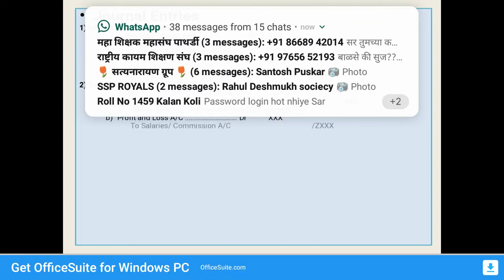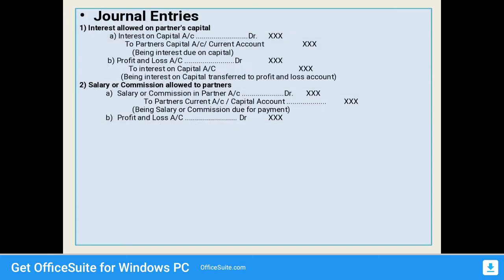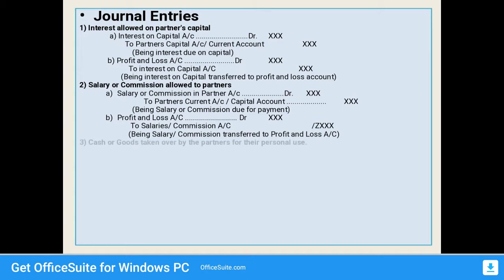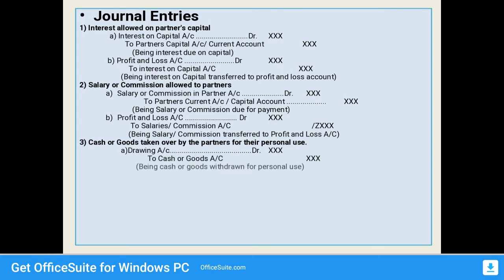And profit and loss account debit to salary or commission account, being salary or commission transferred to profit and loss account. Third, cash or goods taken over by the partner for personal use: drawings account debit to cash or goods account, being cash or goods withdrawn for personal use.